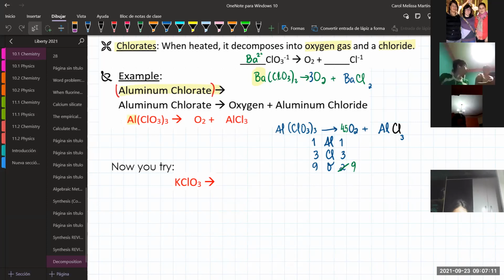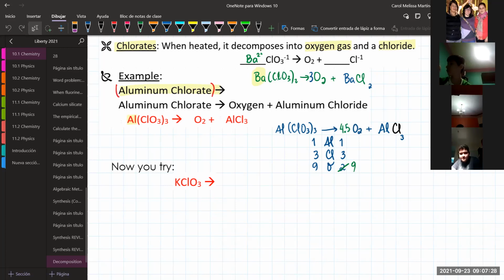Okay, we cannot leave decimal coefficients, so we need to turn this 4.5 into a whole number. To do that, we're going to multiply the whole equation by 2. I will multiply all the equation times 2.